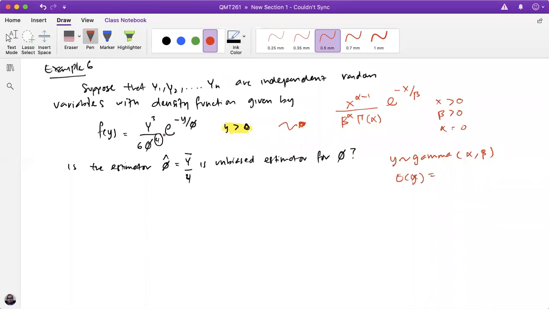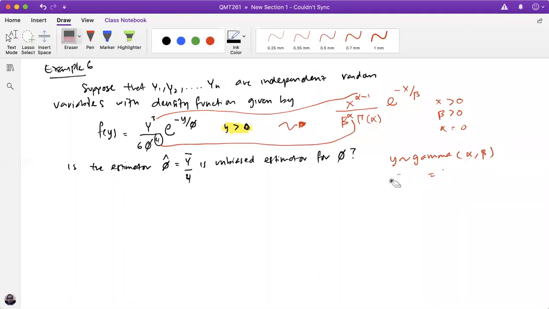So the alpha would be, when alpha minus 1 is equal to 3 and the power 4 is alpha, so this one should be 4 for alpha. Beta is going to be phi, right?